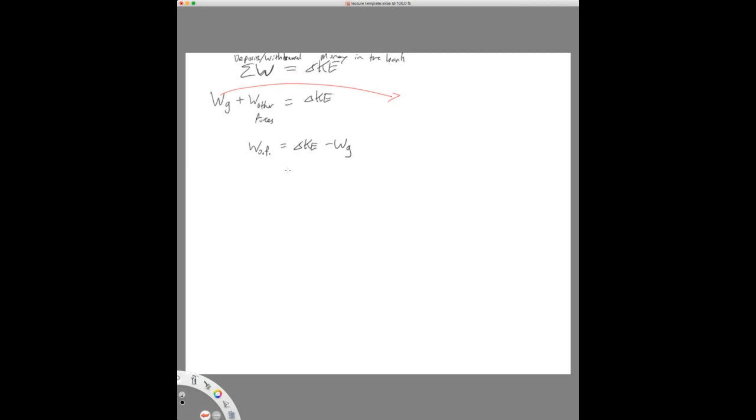So if we elaborate a little bit, the equation would have a minus sign because I changed sides, and then the formula for work done by gravity has another minus sign in it, minus mg times delta y. And so this becomes delta KE plus delta of the quantity mgy.